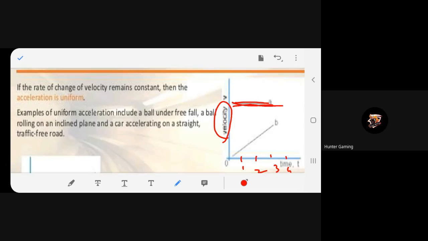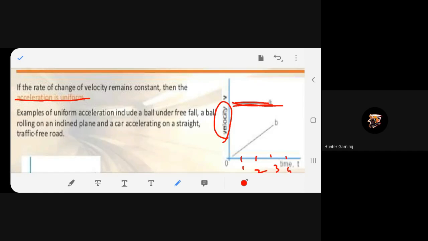It is a straight line. The velocity is the same. It can go to 10 hours also, the velocity will be the same. That means we will say that the acceleration is uniform. Whatever the time, the velocity remains the same, so the acceleration is uniform.